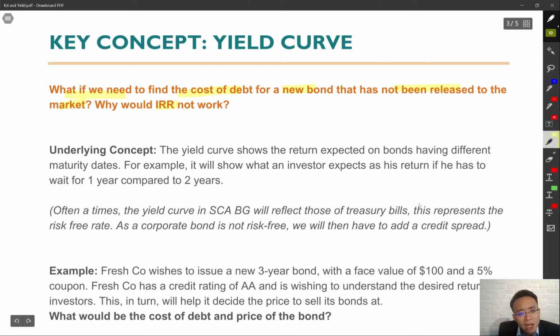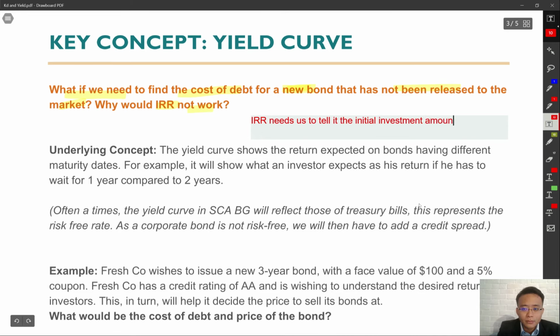Why would IRR not help me find the cost of debt for a new bond? Why can't I just use IRR and stop the lecture here? Because if you recall your IRR calculations, IRR always needs you to, right?